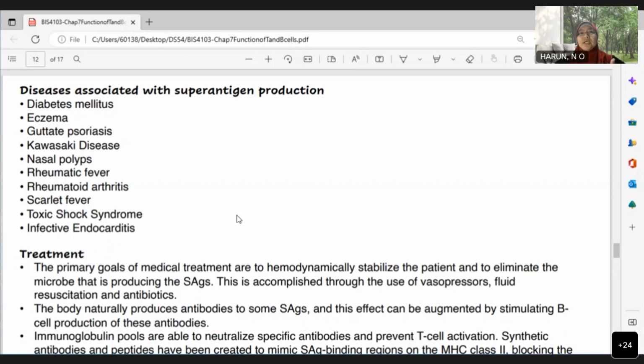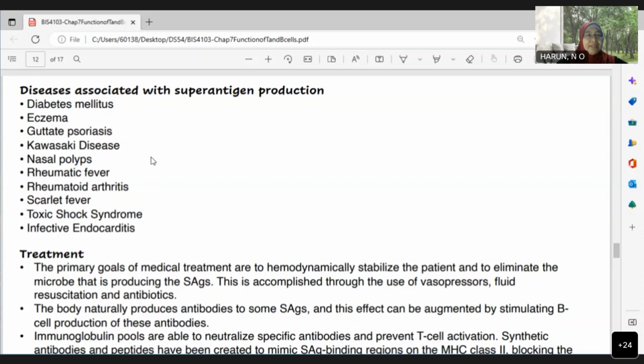Plus, you have to take some medicine at certain times, so it's not a 100% cure, but we can reduce or control this particular diabetes. Eczema is also caused by the superantigen. Those who have eczema find it very difficult to get rid of this kind of disease. Even though you apply or consume certain medicines provided by medical personnel or any pharmacies, it will continue again.